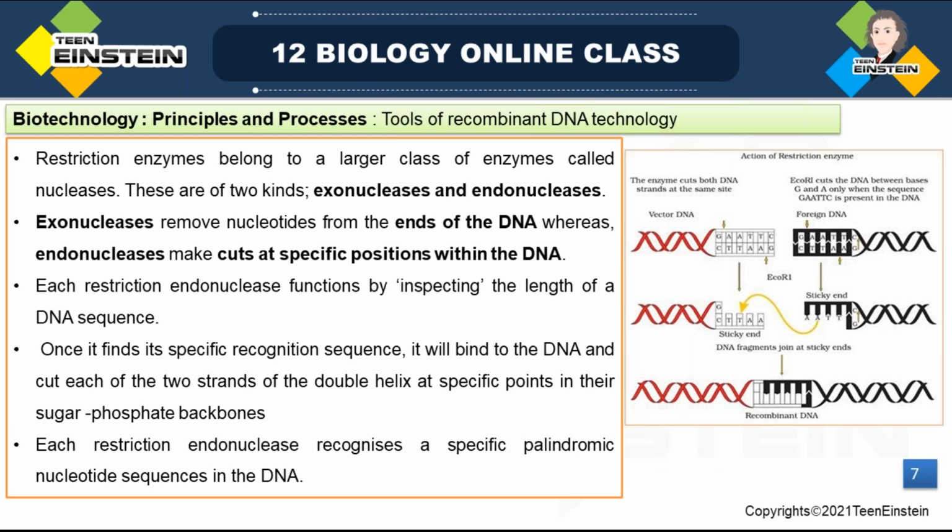Each restriction endonuclease first scans along the length of the DNA sequence, and where it finds its specific recognition sequence, it binds and then makes cuts in the double-stranded DNA, in the sugar phosphate backbone.